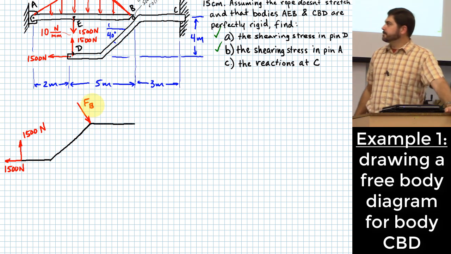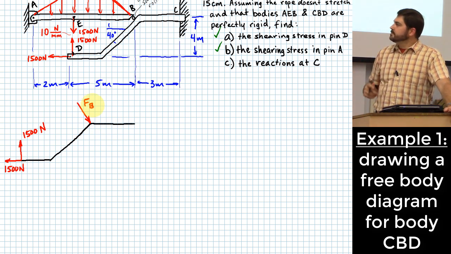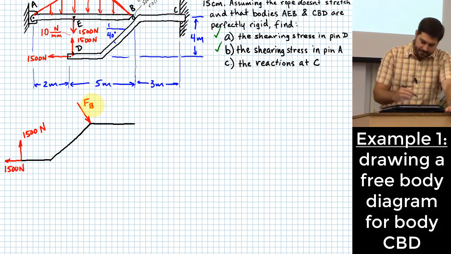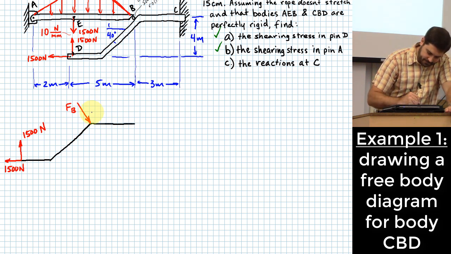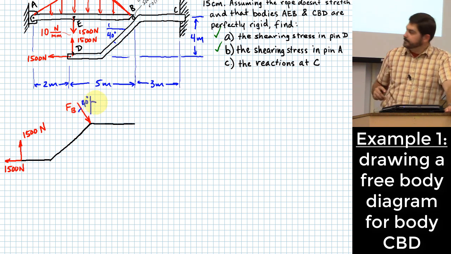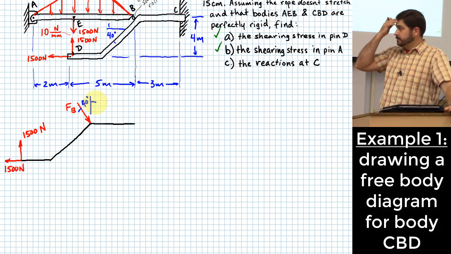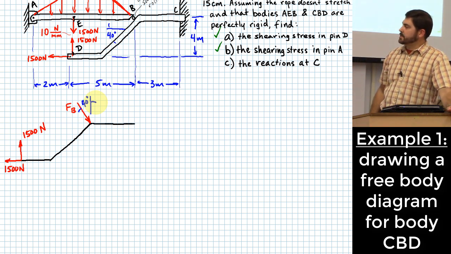FB. Okay, so there's FB, and how do I know what direction FB acts? Okay, again, it's going to be 40 degrees relative to vertical. Just like the last one was.